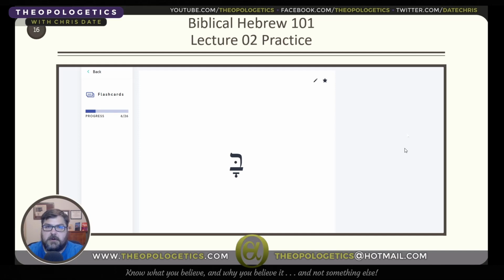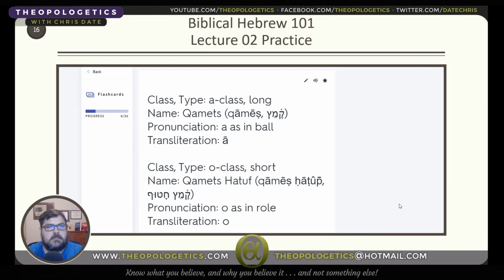If it's the former, if it's a kamets, then it makes the ah sound in father or ball, and it's transliterated using the English letter A with a line over it. If this is the O-class short vowel, kamets chatuf, then it is pronounced like the O in the English word roll, and it is transliterated using the English letter O. There we go.